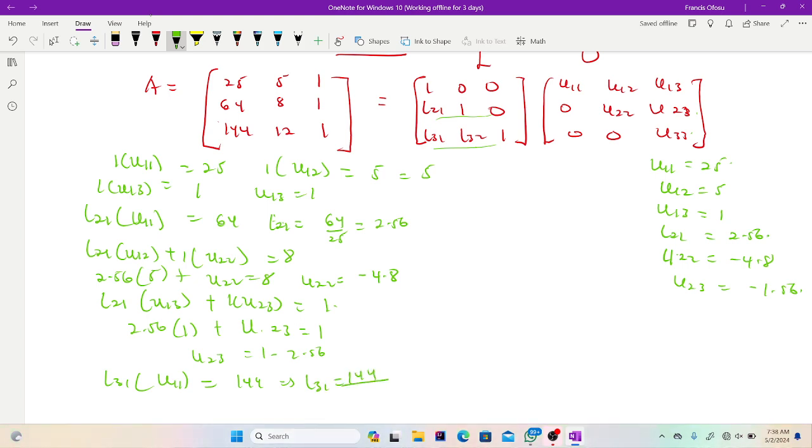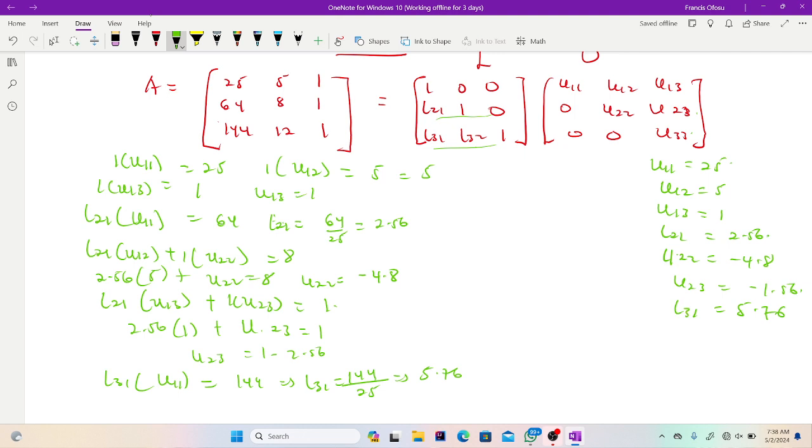My U11 is 25, and this gives me 144 over 25, which is 5.76. So my L31 is equal to 5.76.